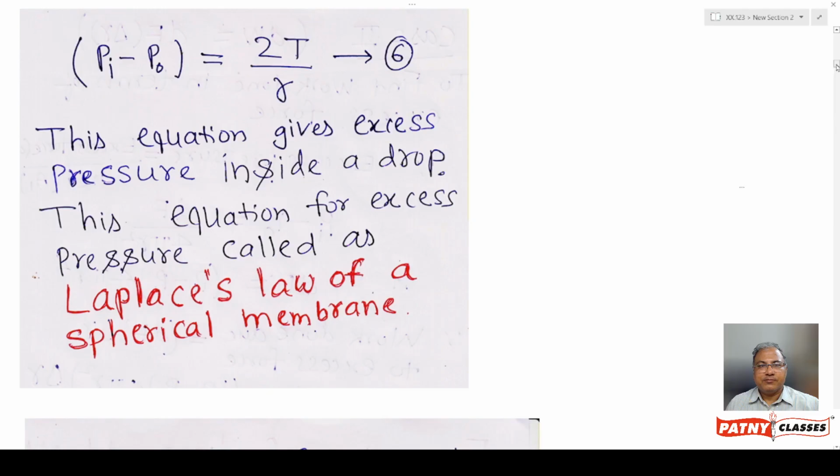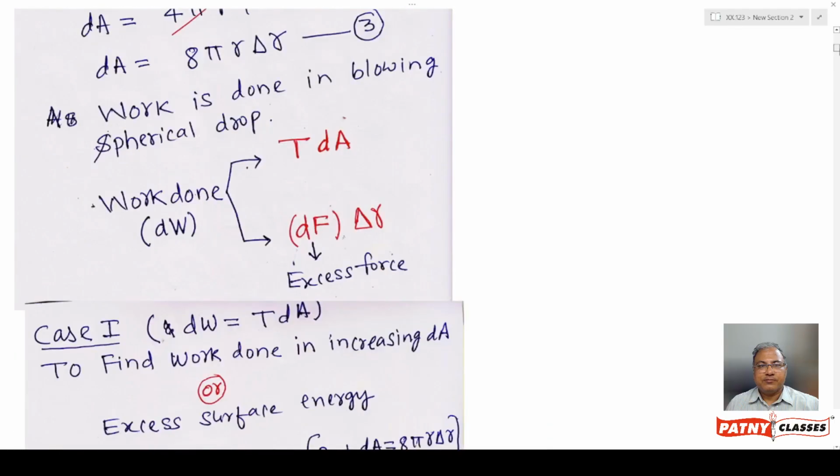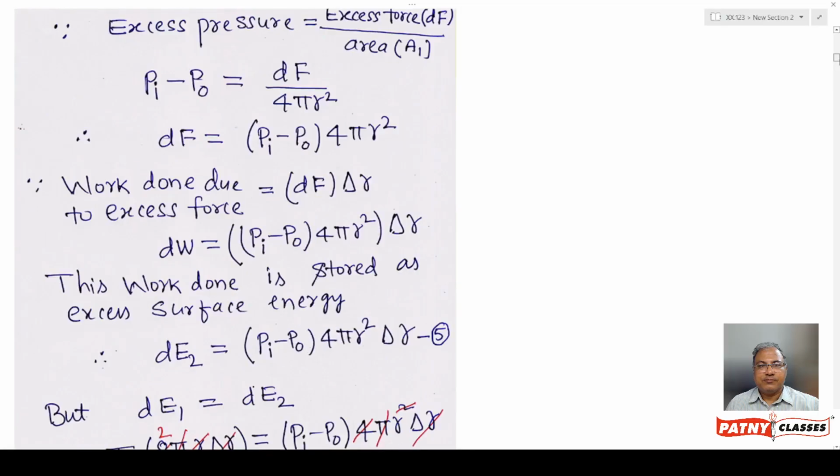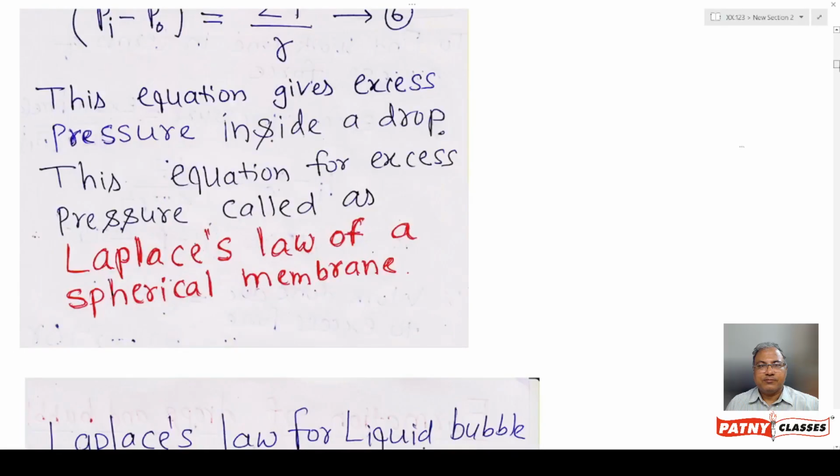The relationship between this pressure difference and surface tension is given by Laplace law. We can derive Laplace law for both the liquid drop as well as for the liquid bubble.